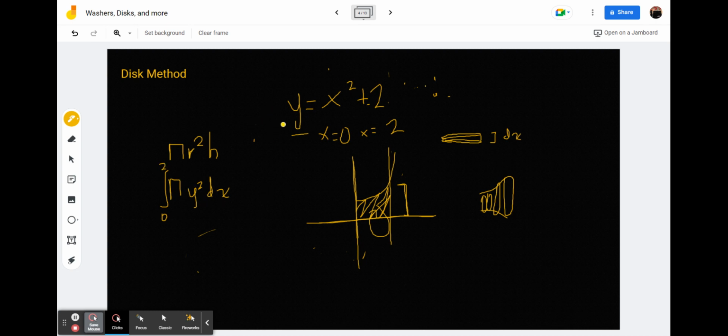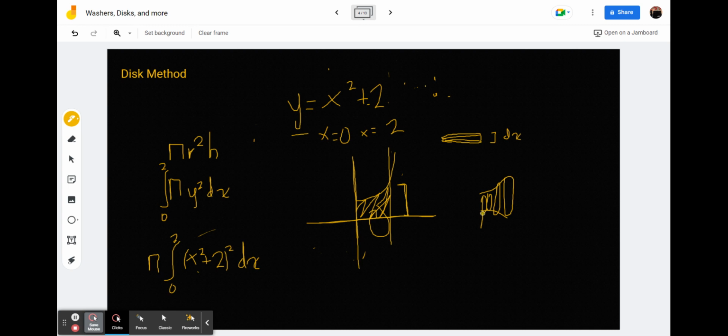Well, we're actually given y by the graph, x squared plus 2. So let's take pi out of the integral because it's a constant. And our integral becomes from 0 to 2, x squared plus 2 whole squared dx.